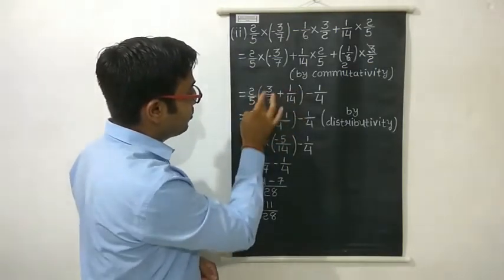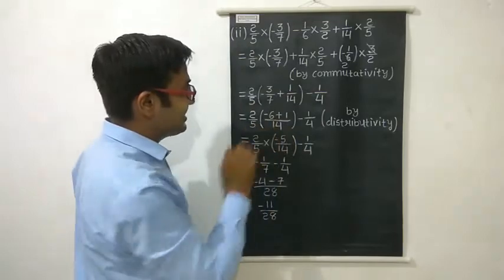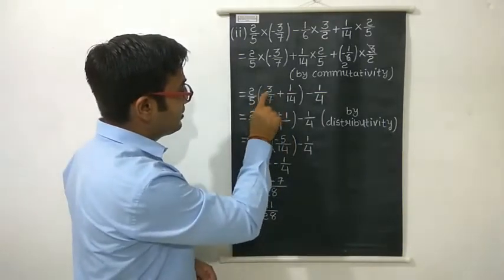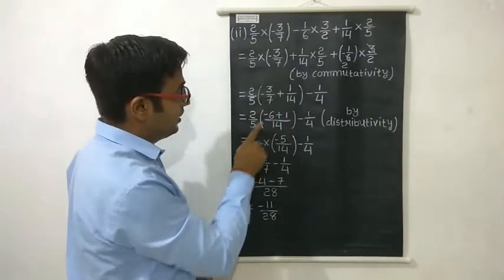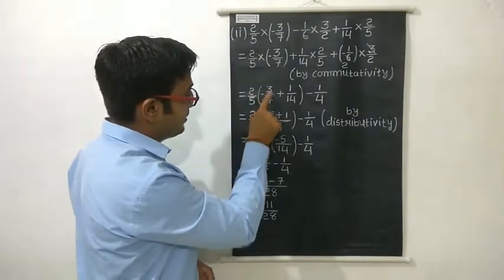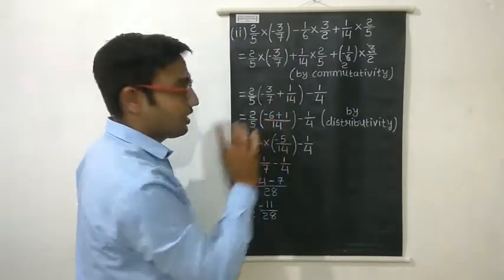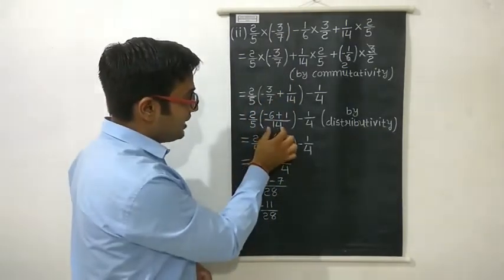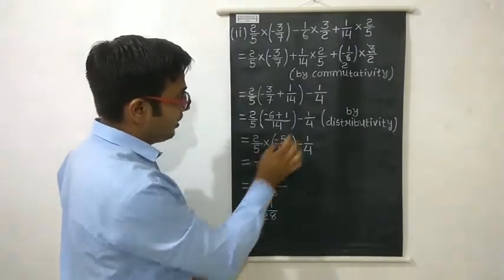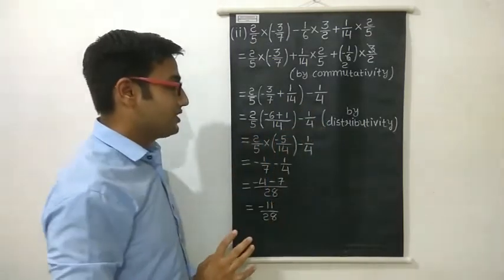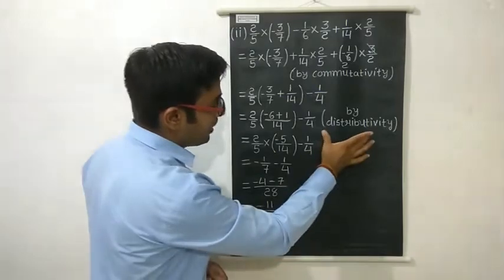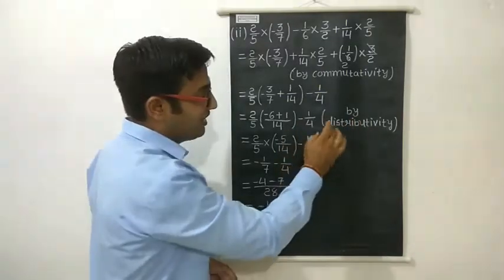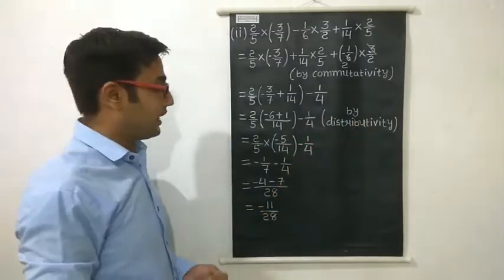Now to add both these terms, 14 is the LCM. We have to multiply this 3 with 2, right? So this becomes minus 6. This plus 1 remains as it is. 14 is the denominator, right? This also remains as it is. So the property we use here is the distributivity property.